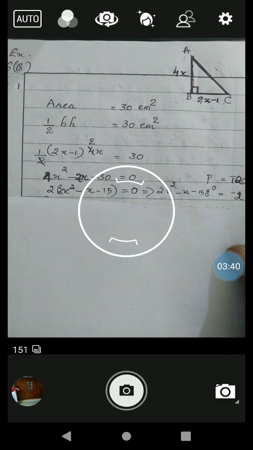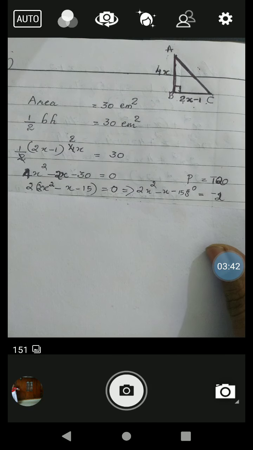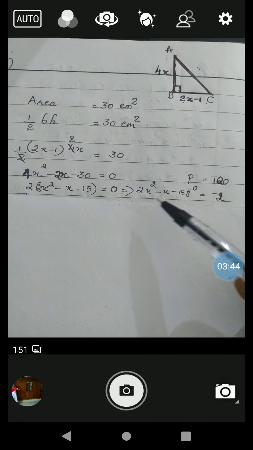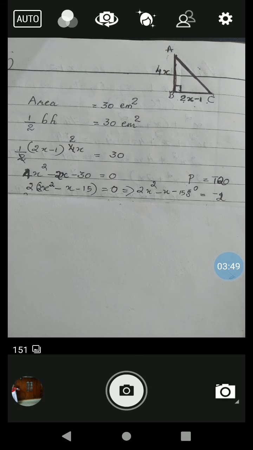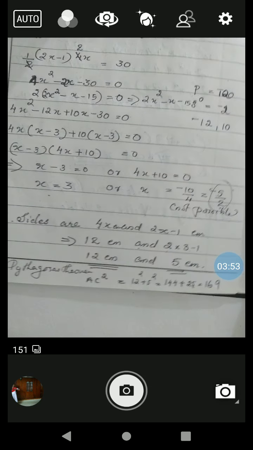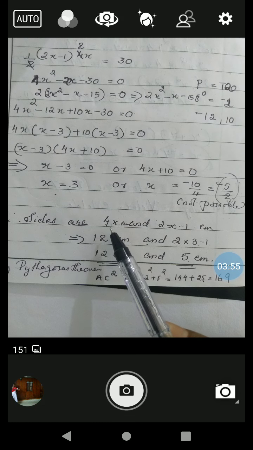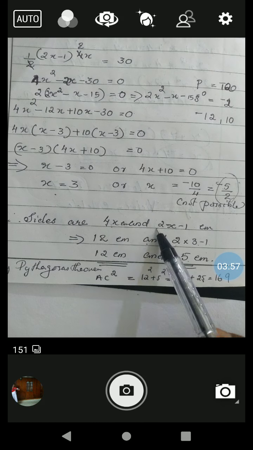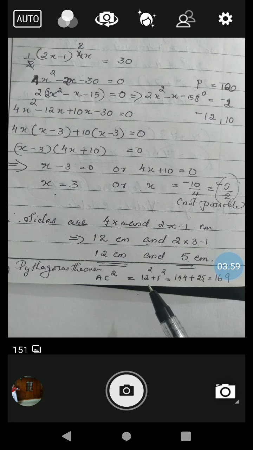Then you can solve this equation using product and sum method. In that way, you can solve this equation. At last, you will get the result. Sides are 4x and 2x minus 1 centimeter.